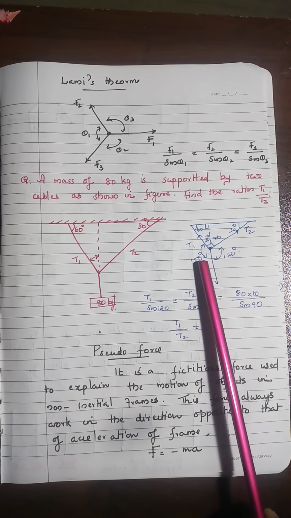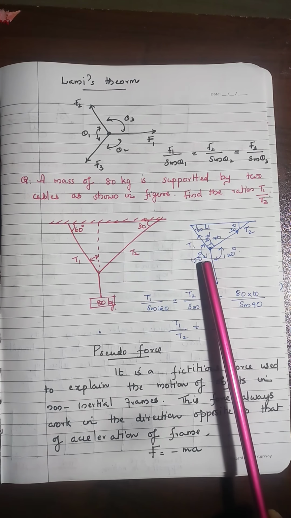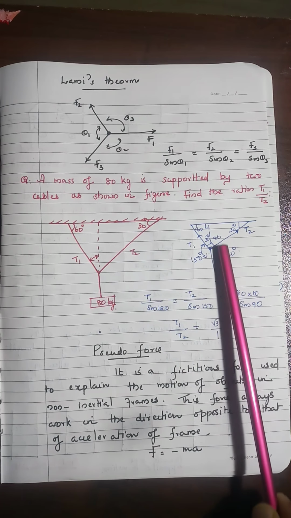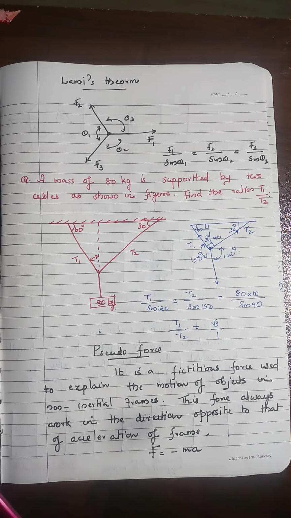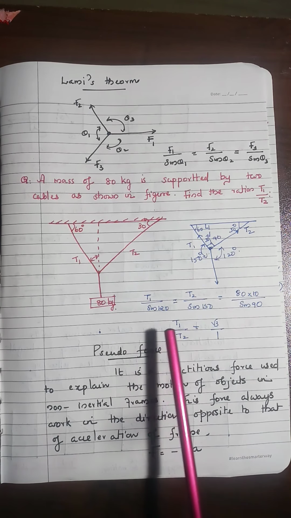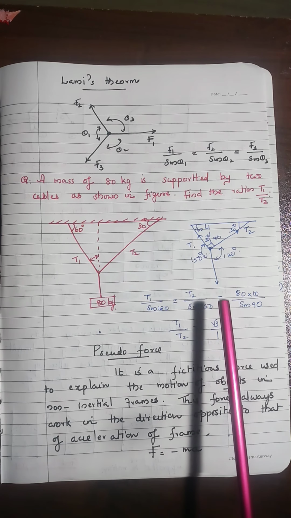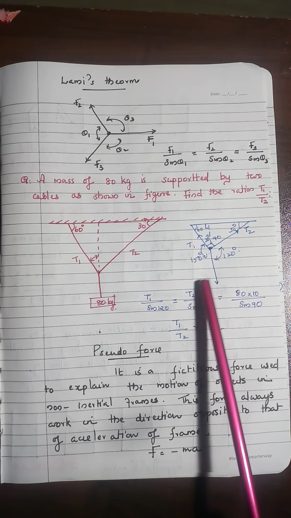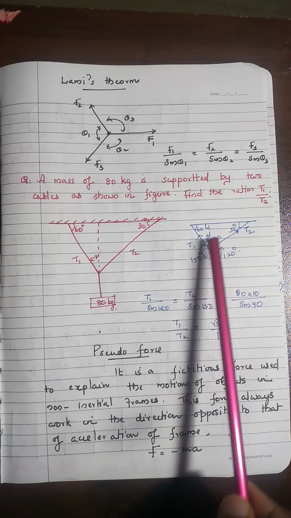That means this angle is what? The total is 180, 180 minus 30, 150. Already this is 60, so 180 minus 60 becomes 120. So you can just apply Lami's theorem. T1 by sine 120 equals T2 by sine 150 equals 800 by sine 90.